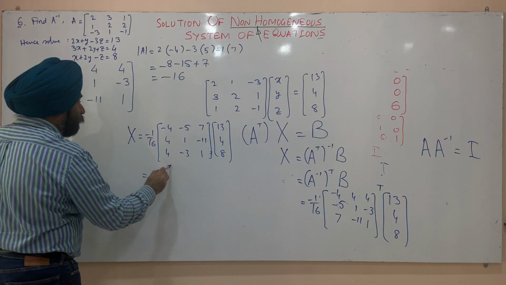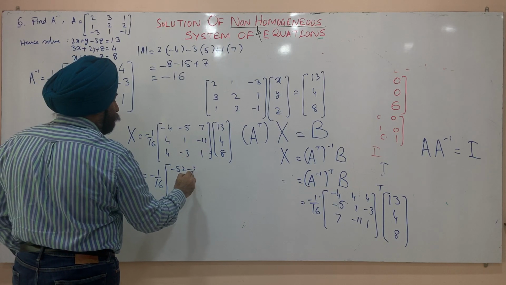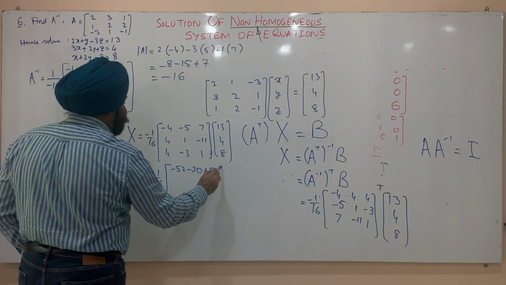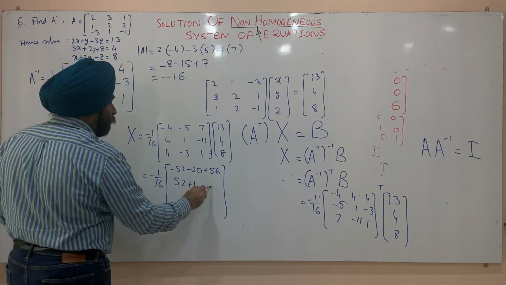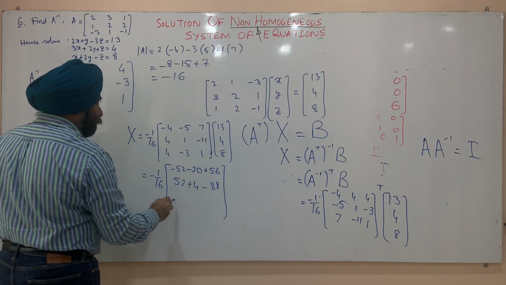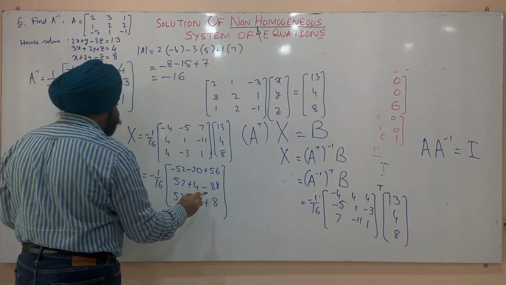So X is minus 1 by 16 times the transpose, multiplied with B. Minus 52, minus 20, plus 56. 52 plus 4, minus 88. 52 minus 12 plus 8.